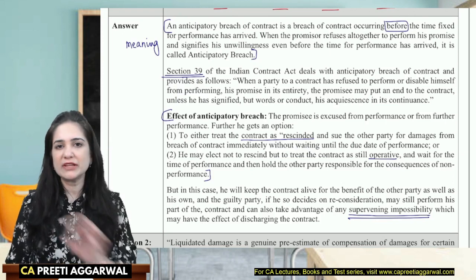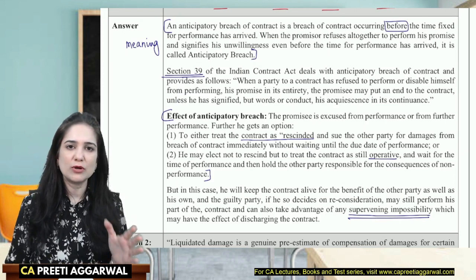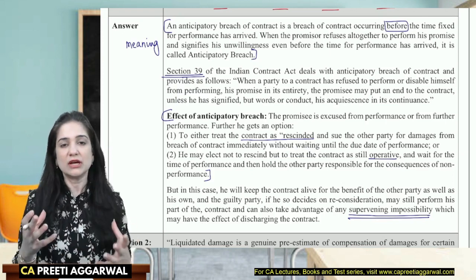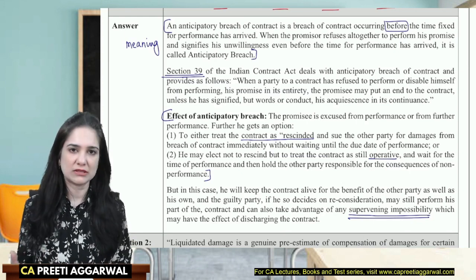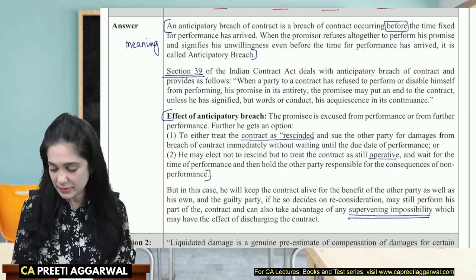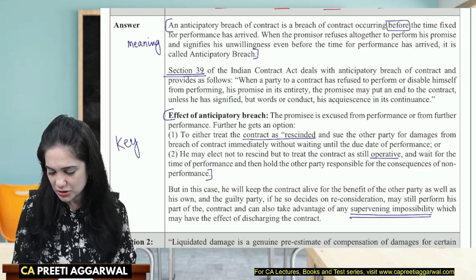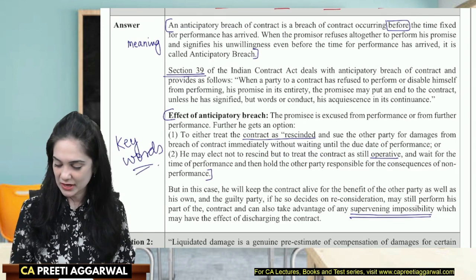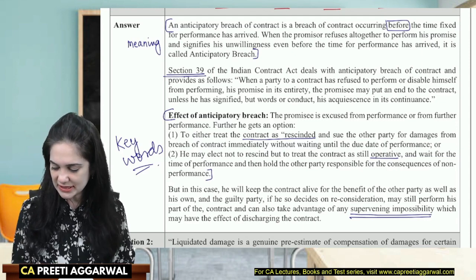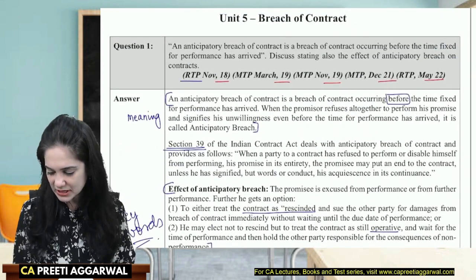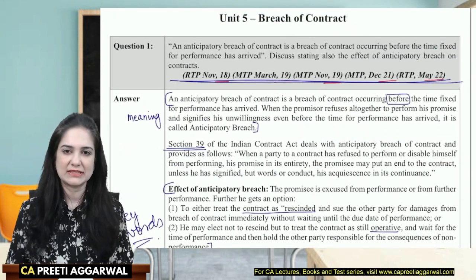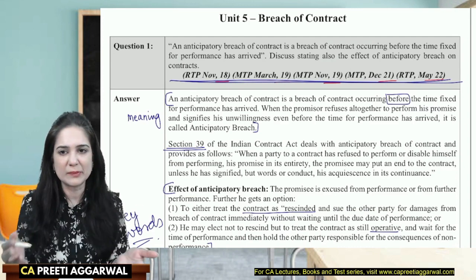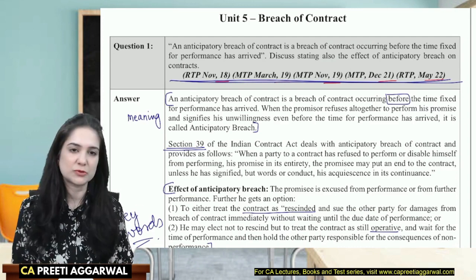If you write everything in your own words, the examiner will not have the keywords, the legal terminologies to give you marks. So please ensure that you mention the keywords and underline them. This is basically a theory question, but see the number of times this has been asked in the exam, and in RTPs, MTPs. Yes, it's a very frequently asked question.